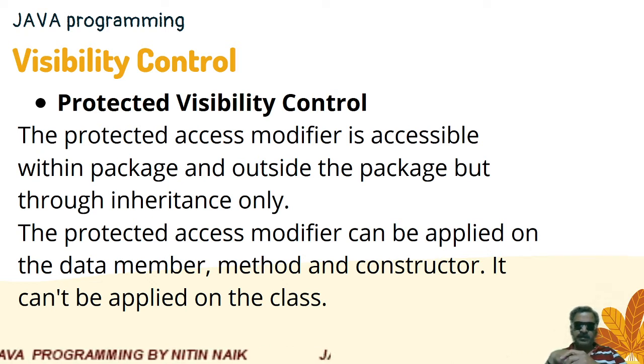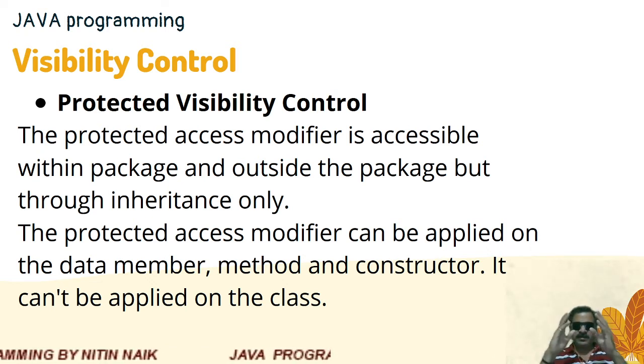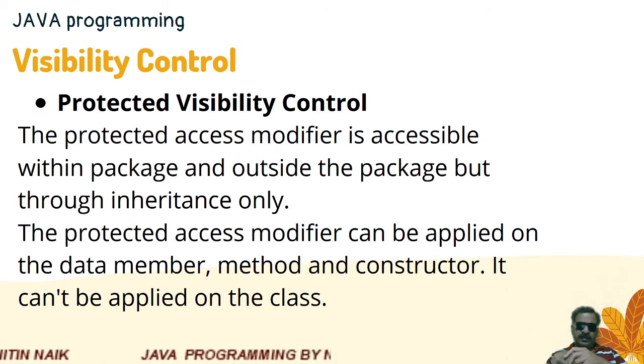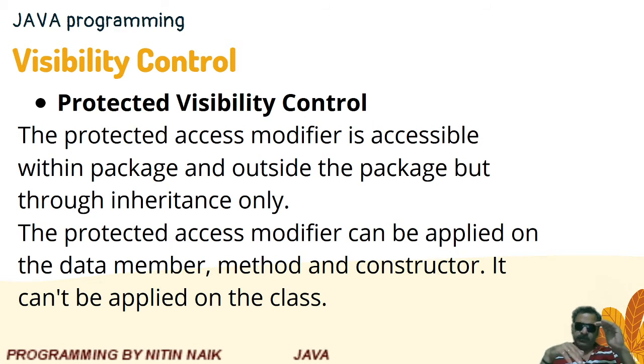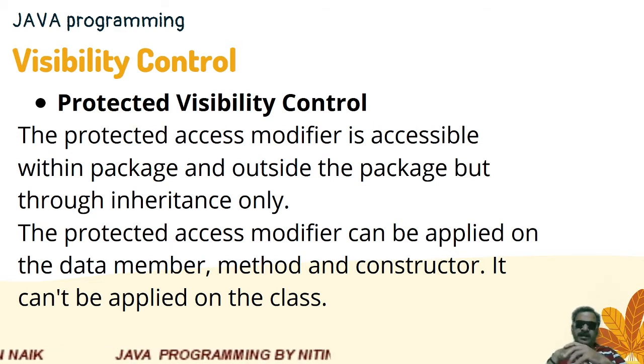Immediately derived class means what? Suppose in multi-level inheritance three classes are there. The member declared as protected in the first level class can be accessed by using an object of only the second level class. It is not possible to access that member by using an object of the next level class.